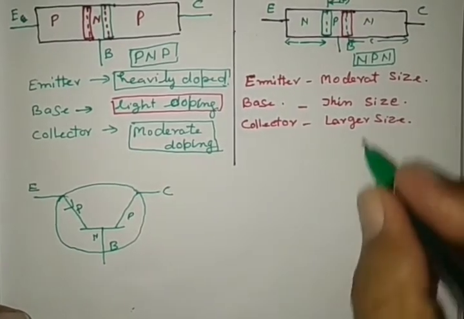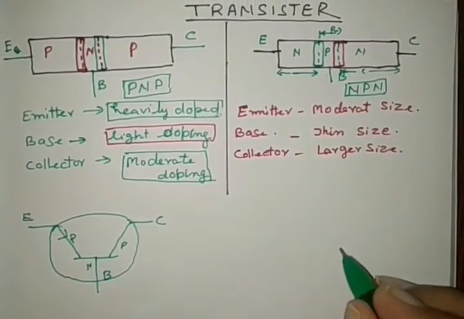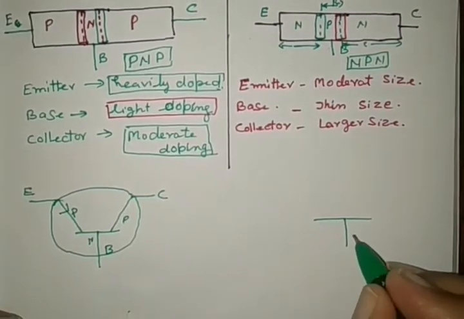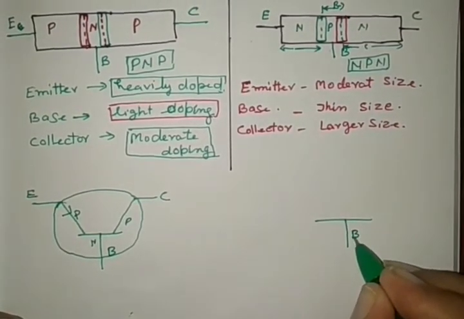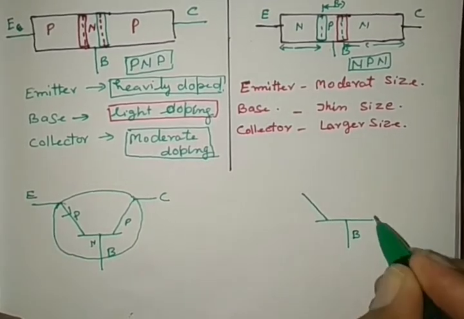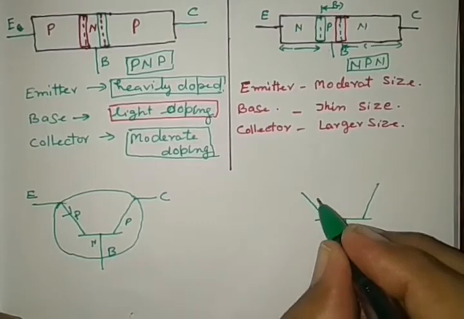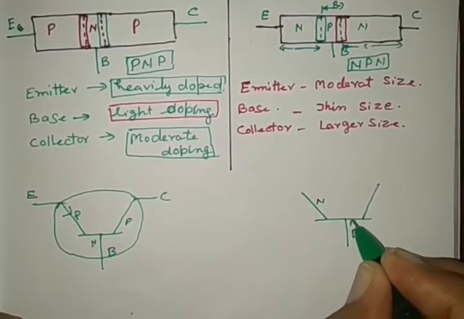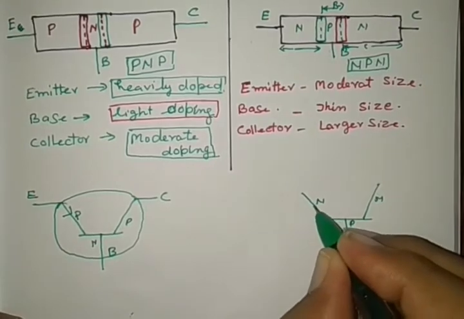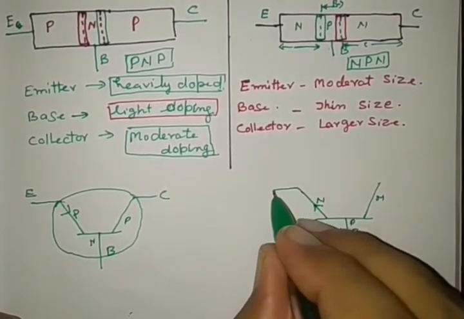Similarly, if you want to make the symbol in a circuit for the NPN type, first make this T. This represents the base terminal, and two more terminals. It is N, P, N. So the current arrow is from positive to negative. See carefully.